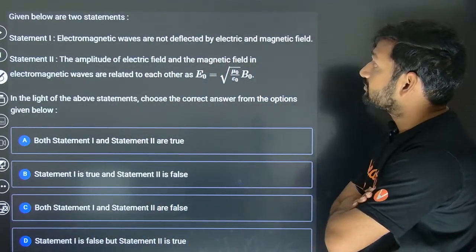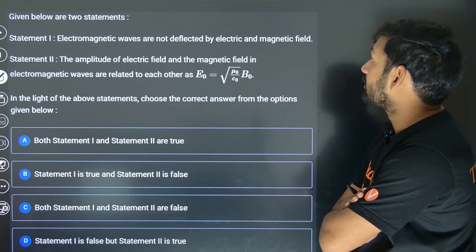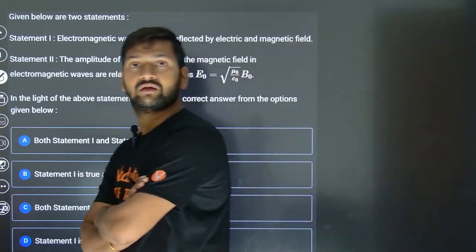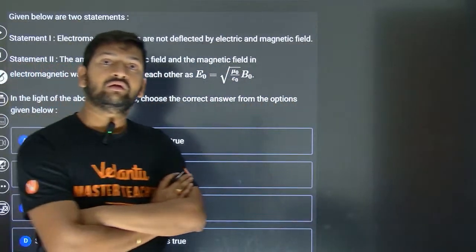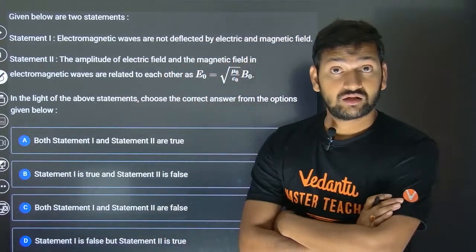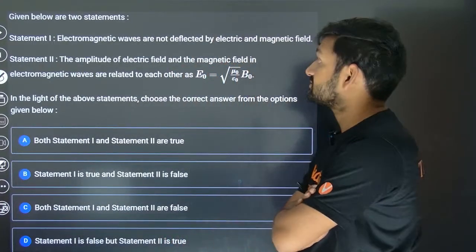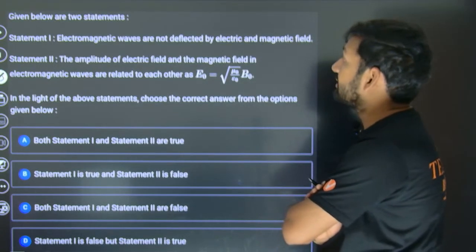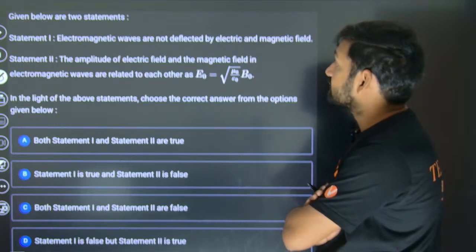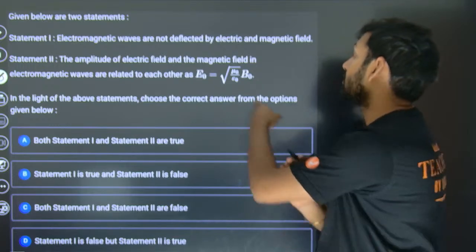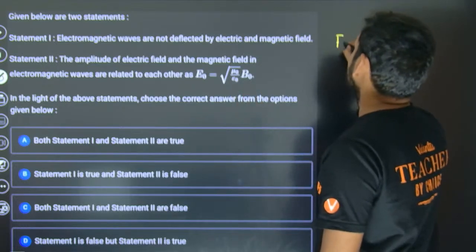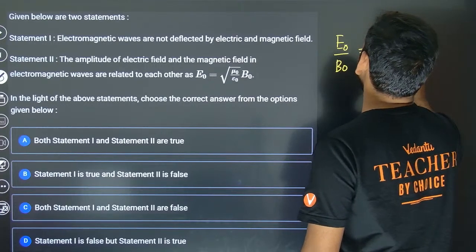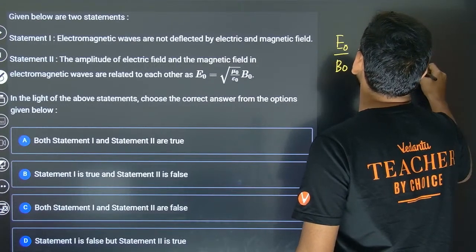Given below are two statements. Statement 1: electromagnetic waves are not deflected by electric and magnetic fields. Yes, they are not going to respond to electric fields as well as magnetic fields. That's true. That's a property. Statement 2: the amplitudes of the electric field and the magnetic field in electromagnetic waves are related to each other. Wrong. Why? E naught by B naught is going to be c. What is c? 1 by under root of mu naught epsilon naught.